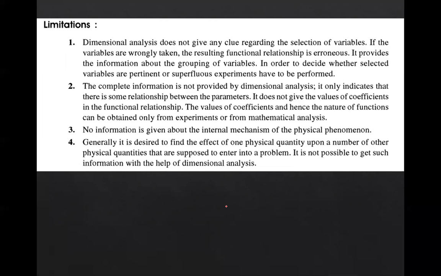Third, no information is given about the internal mechanism of the physical phenomenon. And lastly, if it is desired to find the effect of one physical quantity upon a number of other physical quantities that enter into a problem, it is not possible to get such information with the help of dimensional analysis.